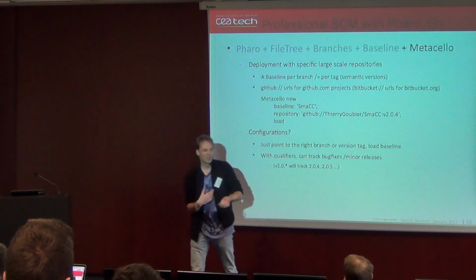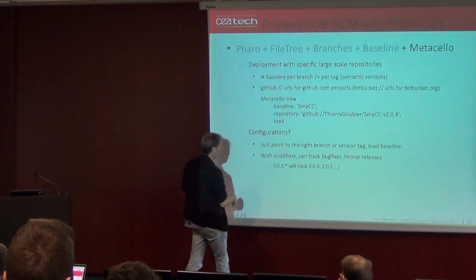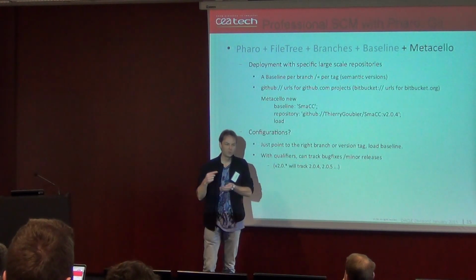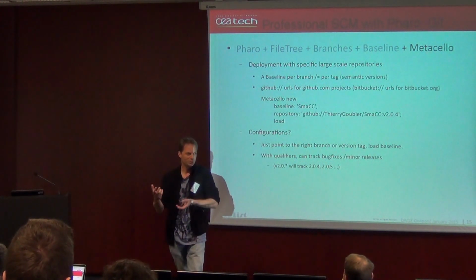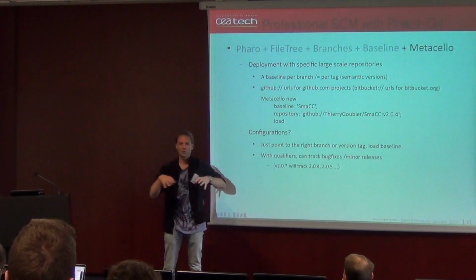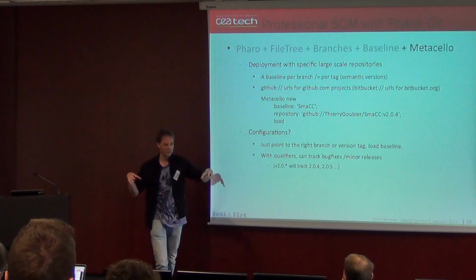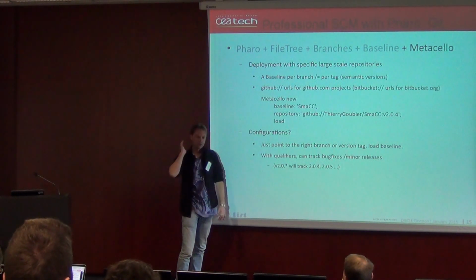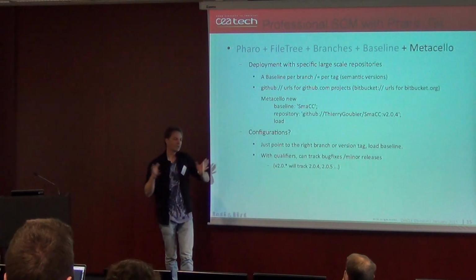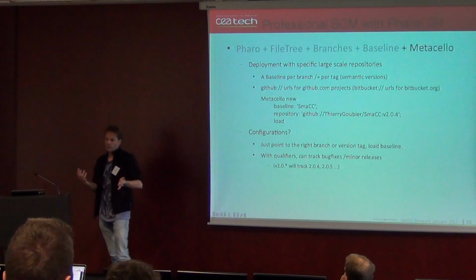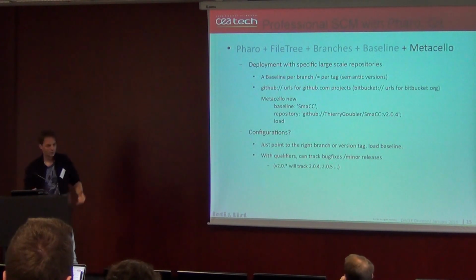You have a specific qualifier that also tracks 2.0.4.1, 2.0.4.2, and so on. So if you're good at maintaining a stable API and only bug fixes on a version, then it's very easy to qualify that: you take any 2.0 version that works. Or take the latest.